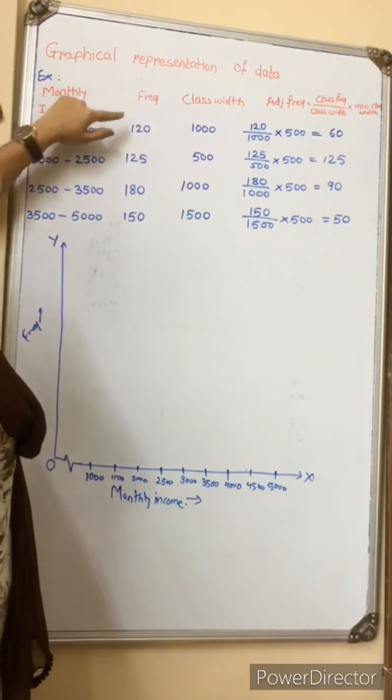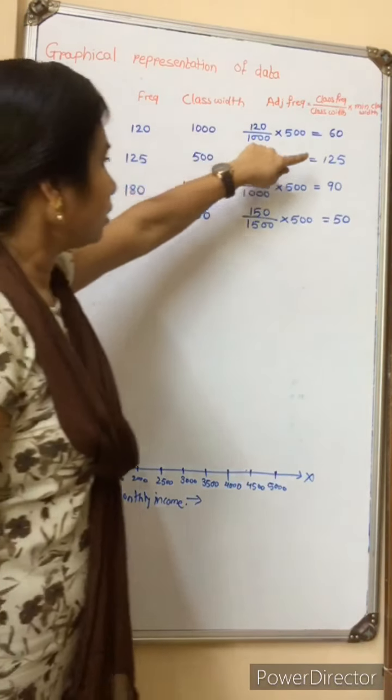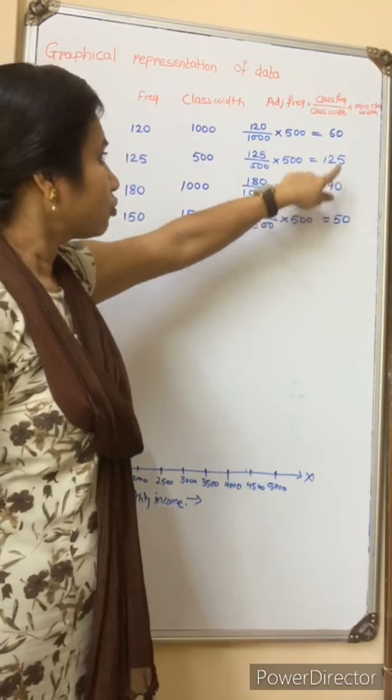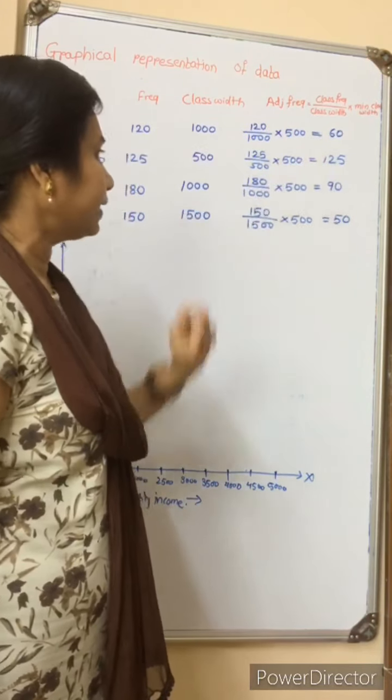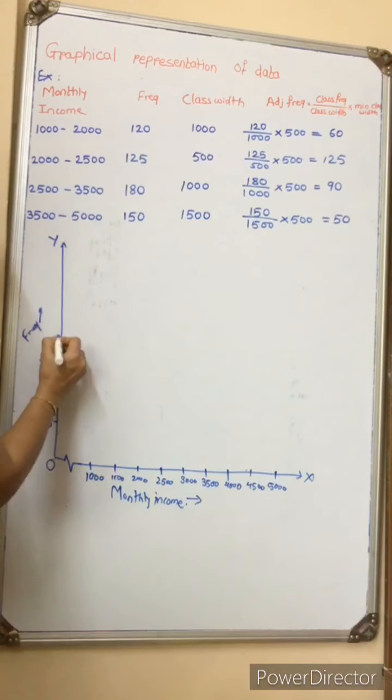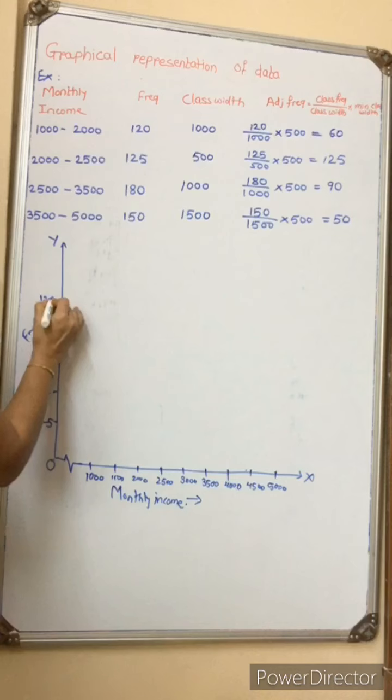Next is frequency. Now see, minimum frequency is 50, maximum frequency is 125. In between we have 90 and 60 also. So I prefer here to take 25, 50, 75, 100 and 125.